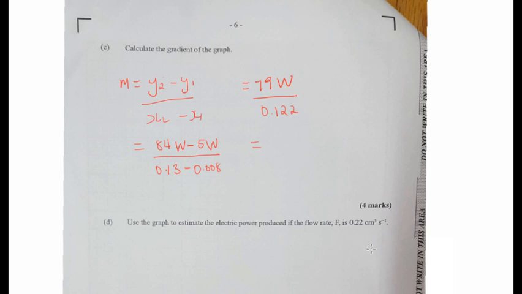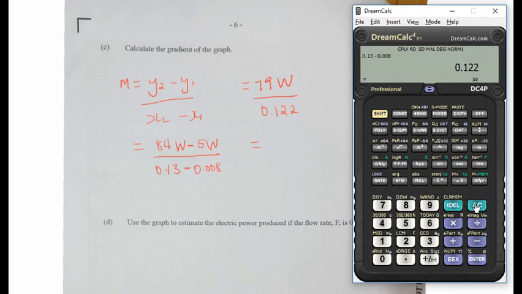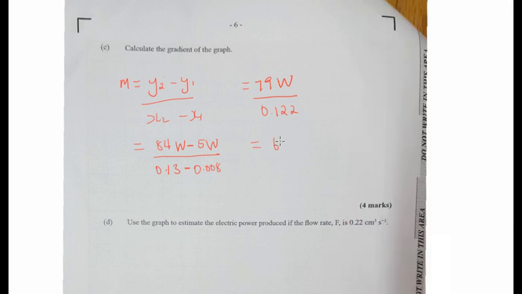And then we can find the gradient by dividing these two values. So I'm going to say 79 divided by 0.122, and that is 647.5 watts per centimeter cube per second, and all of this is cube.